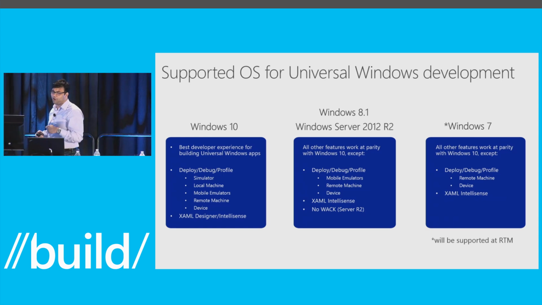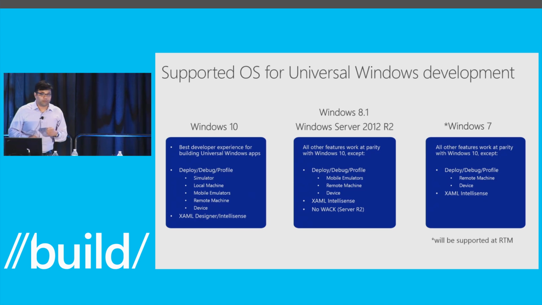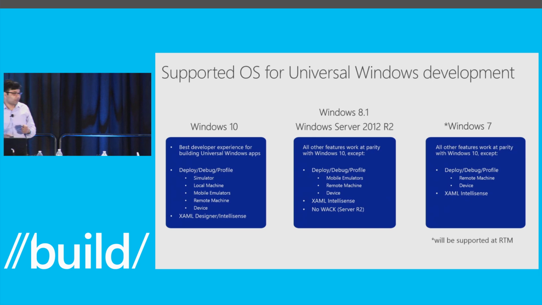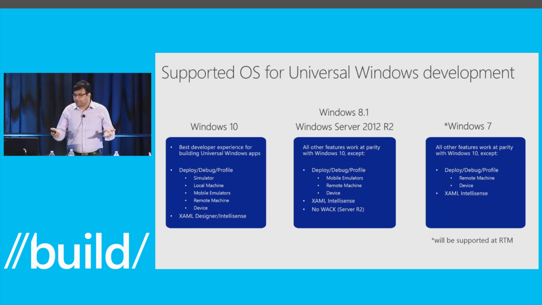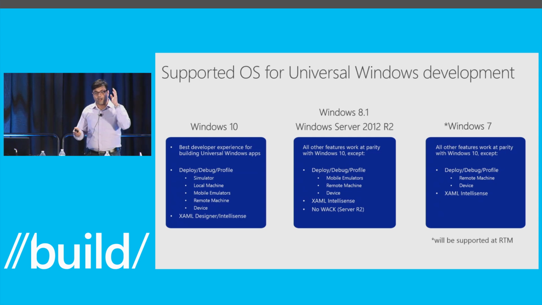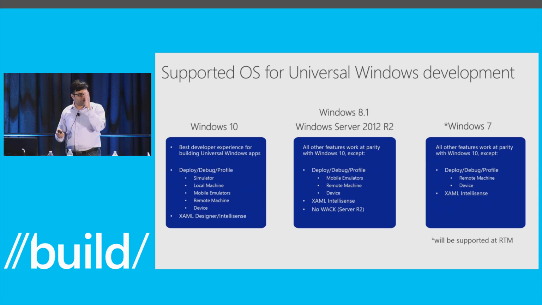And as I mentioned before, you will not have the XAML Designer experience on Windows 7 as well, but you will be able to use XAML IntelliSense, right? So the message is, whichever OS you are running on, whether it's Windows 7, Windows 8.1, Windows Server 2012 R2, or Windows 10, you can download Visual Studio RC with Universal Windows tools and start building your universal application.